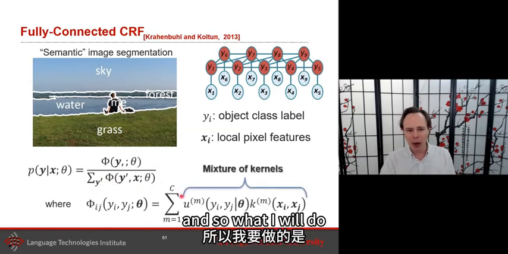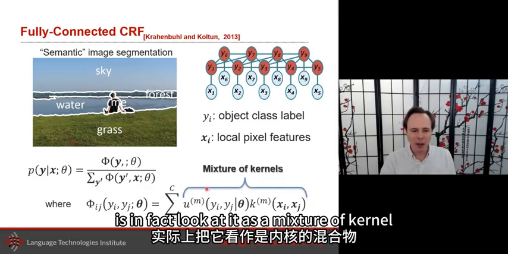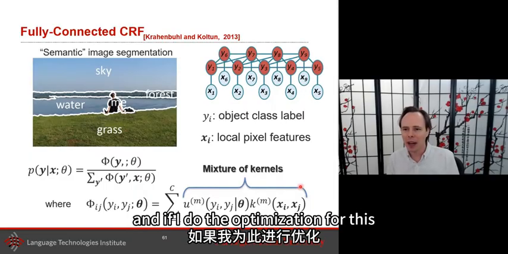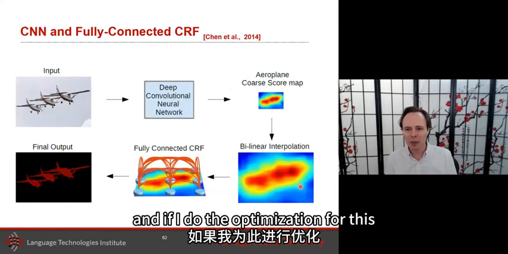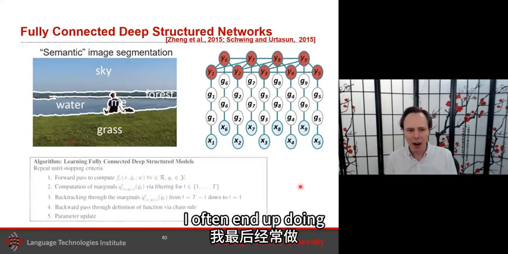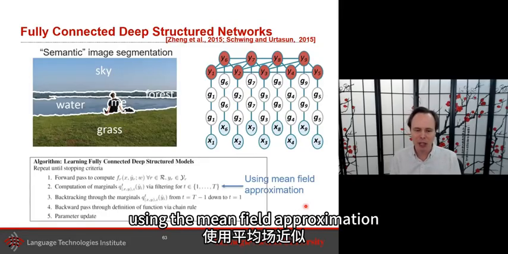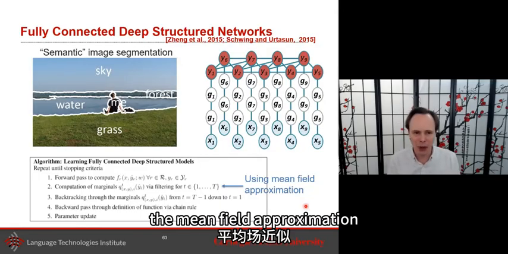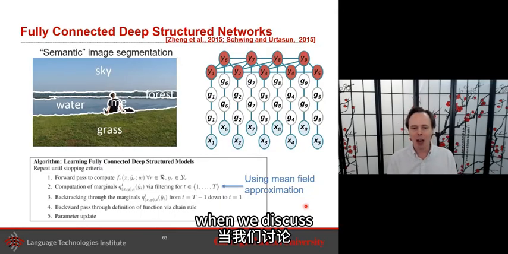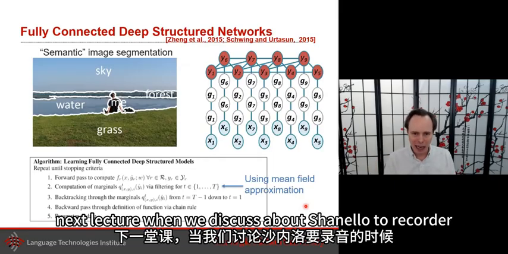And so what I will do is, in fact, look at it as a mixture of kernels. And if I do the optimization for this, I often end up doing this with an approximation using the mean field approximation. And we'll discuss the mean field approximation a little bit next lecture, when we discuss variational autoencoders.